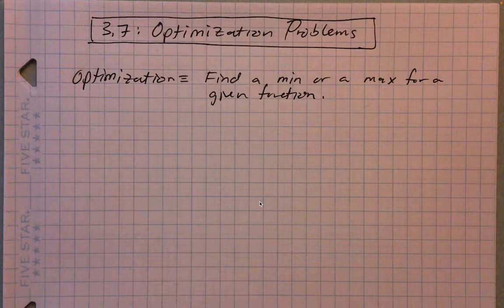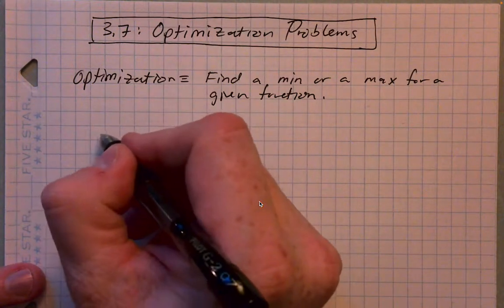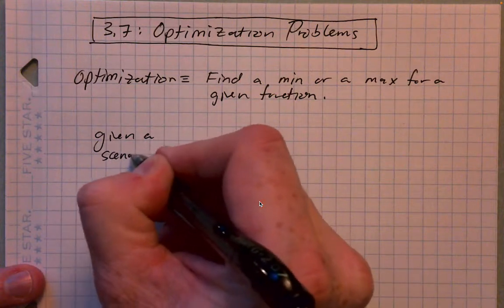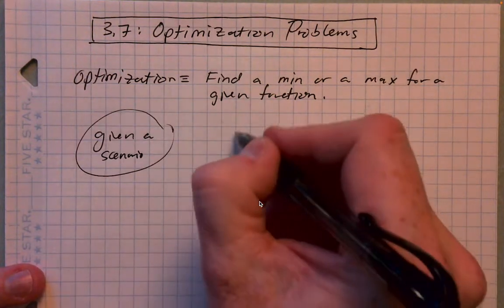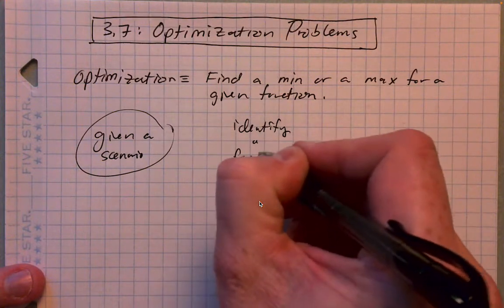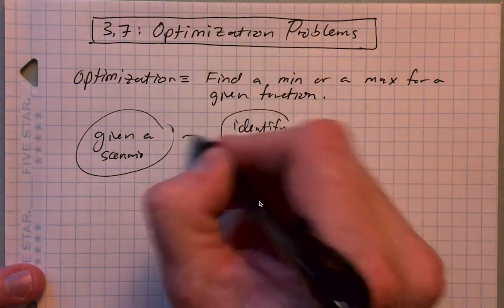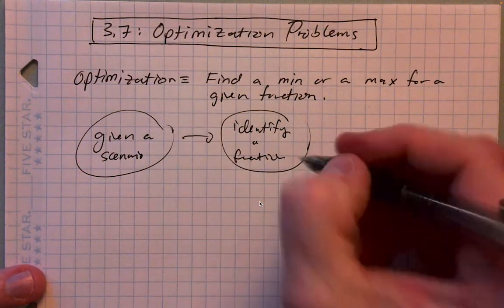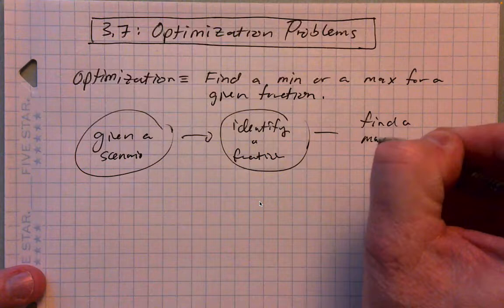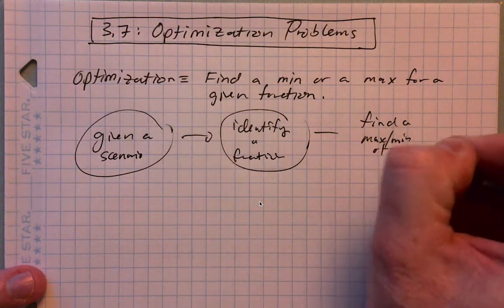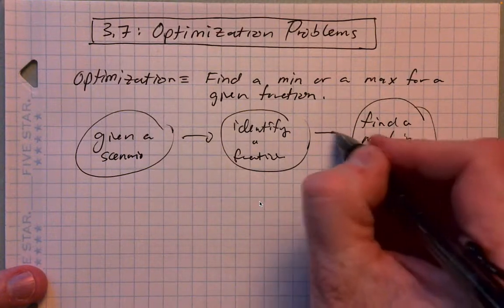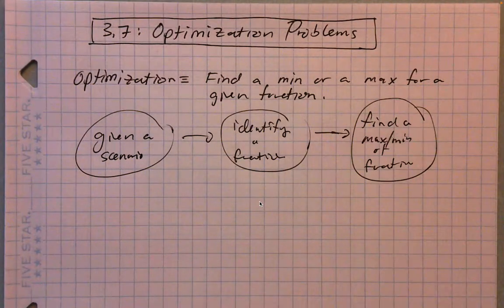So the roadmap will basically be, given a scenario, you want to identify a function that can be used to model the scenario, and then you want to find a max or min of that function. That's kind of more or less what we're up to here.